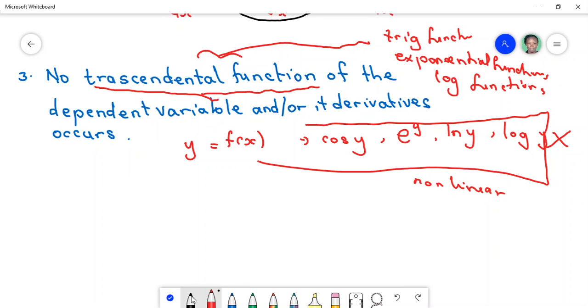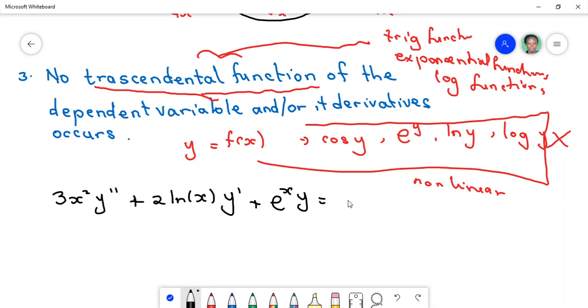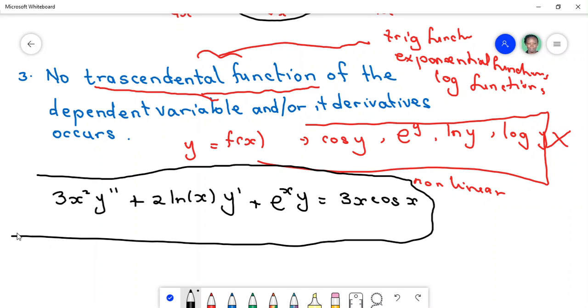Let's look at this example. Let's take this differential equation: 3x squared y double prime plus 2 ln x y prime plus e to the x times y equal to 3x cos x. Let's find out if this differential equation is linear. What does the first condition say?